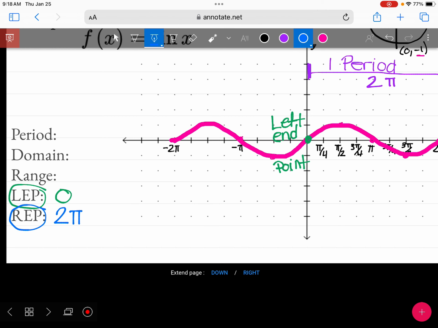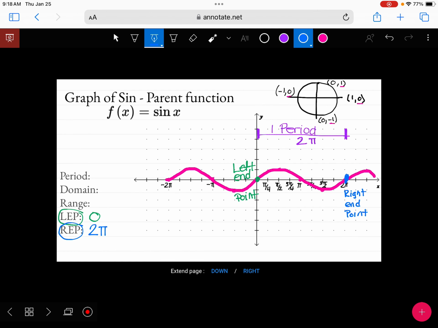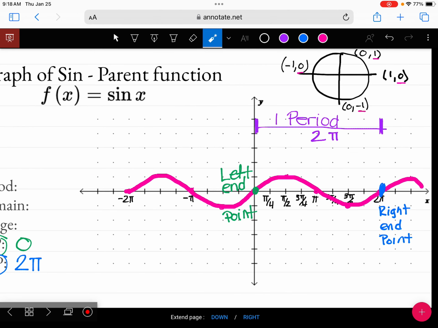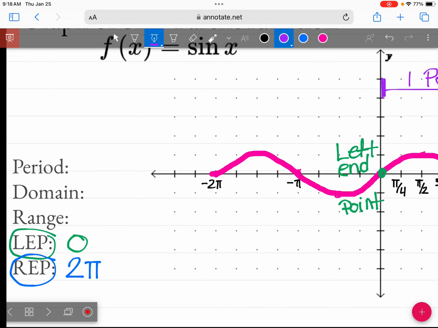This is just the endpoints of the period when we're starting at 0. So if it's 0 to 2 pi, that is that first time through our circle. And we already talked about our period being 2 pi for the sine function.